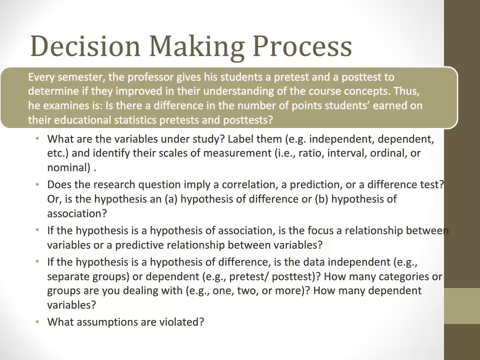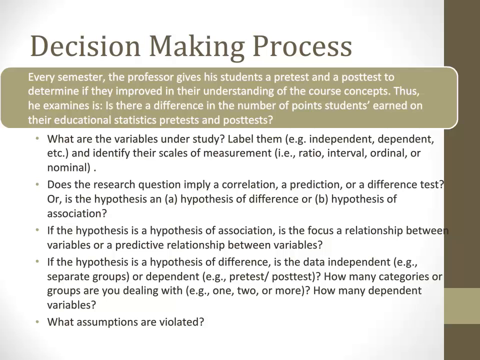The next question we have is: does the research question imply relationship, prediction, or difference? Again, the question is, is there a difference? This implies we're looking at difference, and therefore we have a hypothesis of difference.